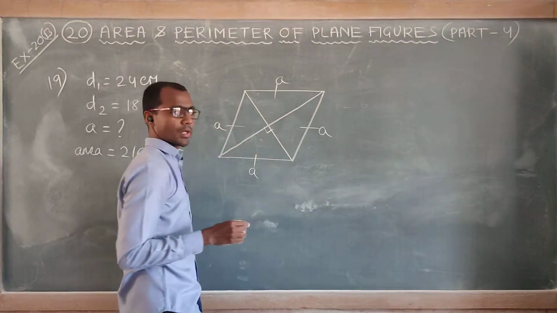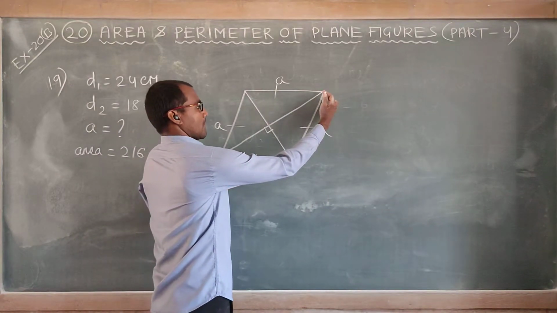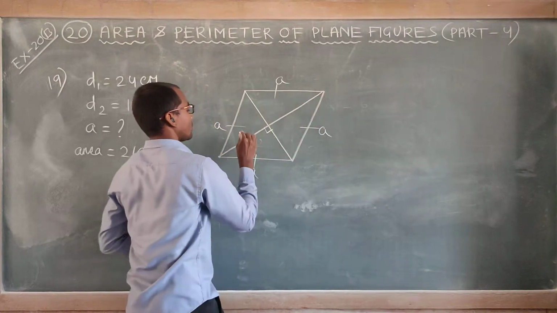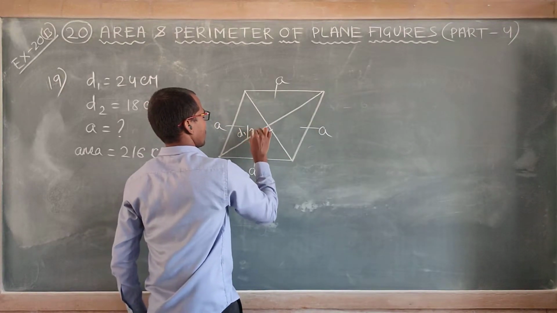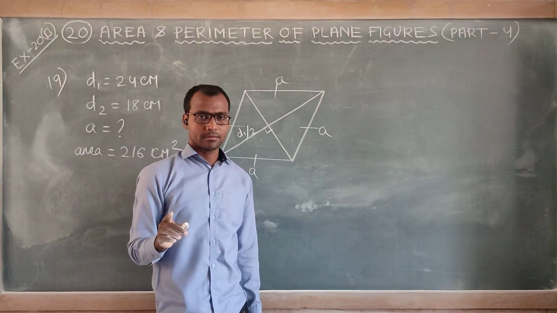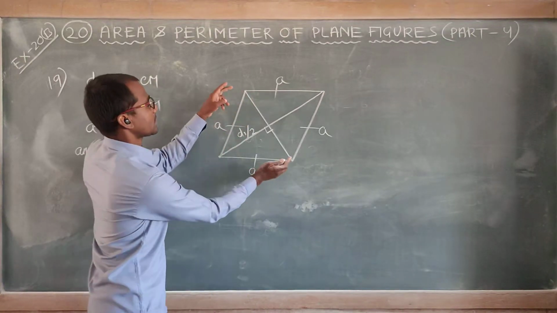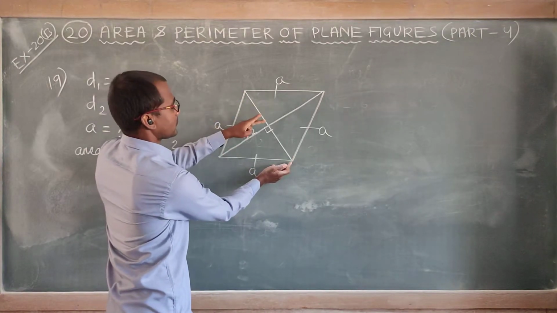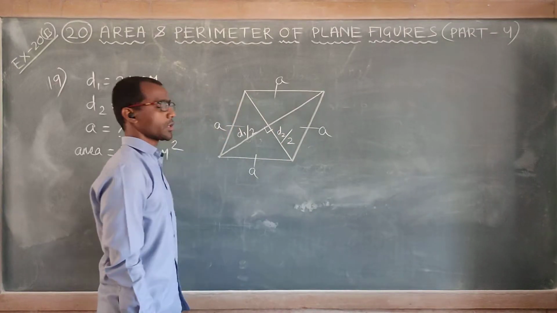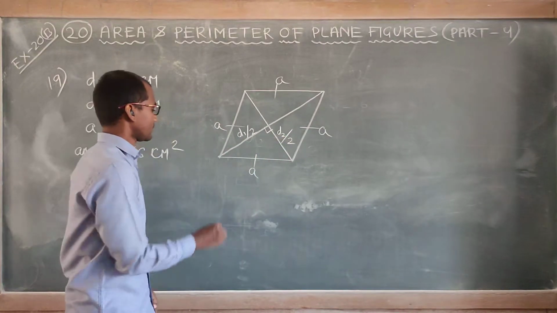We know the diagonals are perpendicular to each other. Suppose this is diagonal D1. This will be D1 by 2, because diagonals of a rhombus bisect each other. This we have studied in rectilinear figures. Suppose this is D2, the other diagonal. This will be D2 by 2. So this is D1 by 2, this is D2 by 2, and this is A.